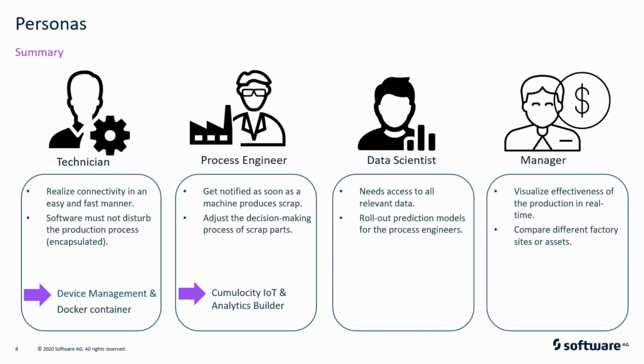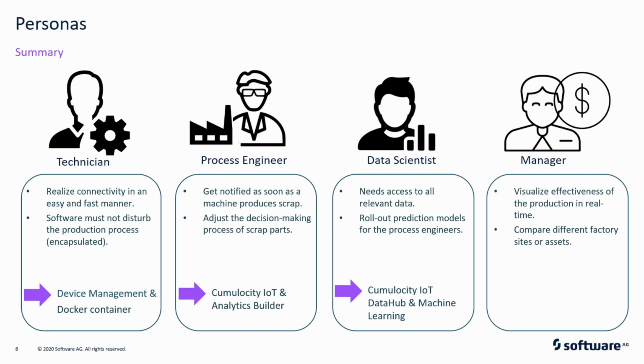To do that, he uses the well-known Cumulocity IoT analytics builder to define analytics models and roll them out to the specific machine. The data scientist benefits from the Cumulocity Data Hub to get access to all relevant data through a single interface, but he is not restricted in using various analytics tools like Python, R, Power BI, or Tableau. It doesn't matter.